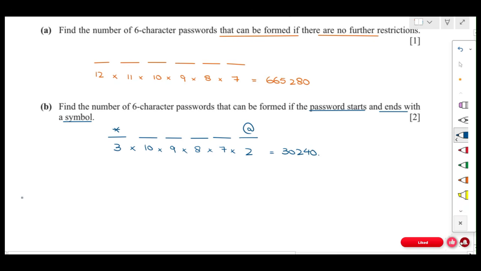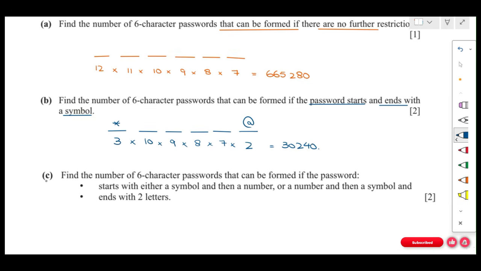30,240. All right, now for part C, find the number of 6-character passwords that can be formed if the password starts with either a symbol and then a number, or a number and then a symbol, and ends with 2 letters.